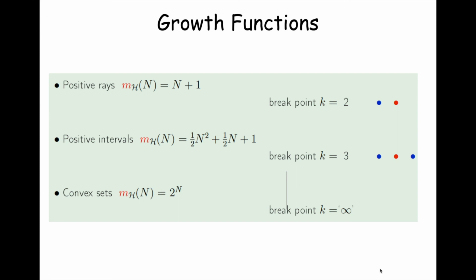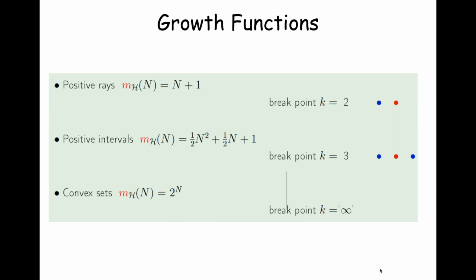So the positive ray, let's think back to the semantics of the positive ray. The question is, why can't it produce all 4? So you have your data points, and let's say this is my first data point, x1, second data point, x2. The positive ray has an anchor point we called A, right? If you put your positive ray anchor A here, the positive ray extends out to infinity to the right, and everything to the right of the anchor point, it calls positive. So if the anchor point is here, it'll say plus, plus, and everything on this side is minus.